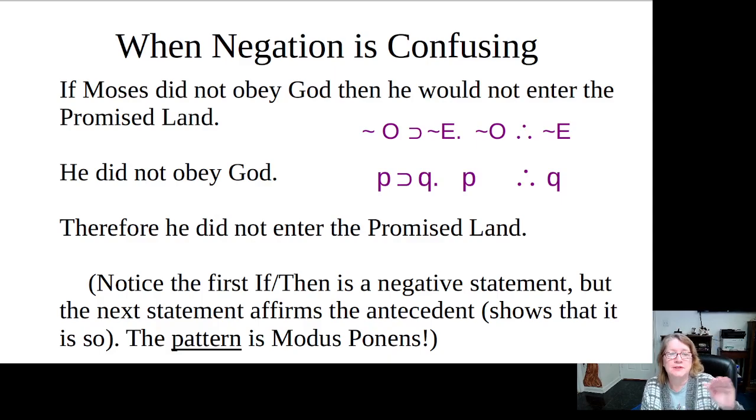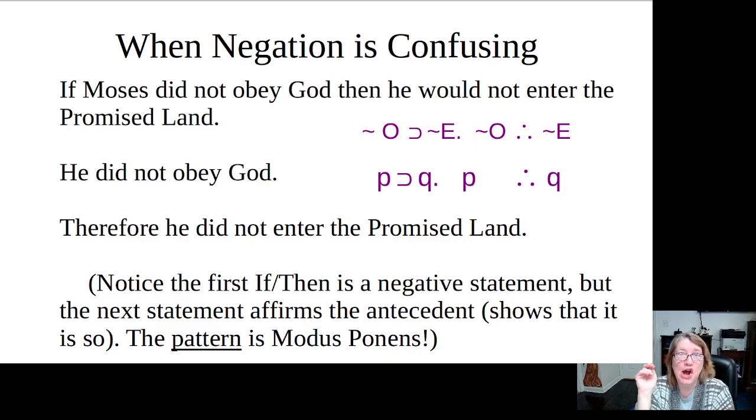So if we change this to a modus tollens with its current form, I know this seems puzzling, but just stick with me. Are you affirming or negating what is said here? If Moses did not obey God, then he would not enter the promised land. If that's our if P, then Q, and we're going to make it a modus tollens, then take the consequent, and you'd have to negate the consequent as it's written.